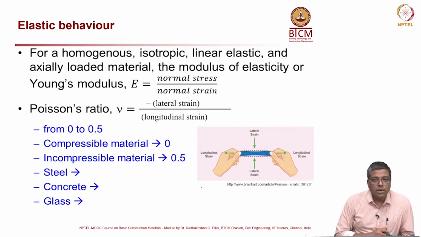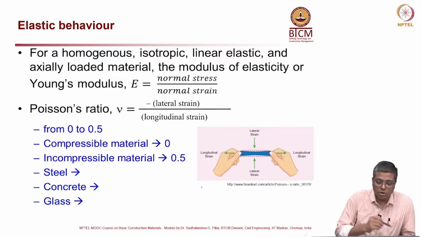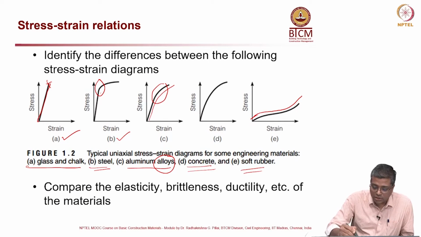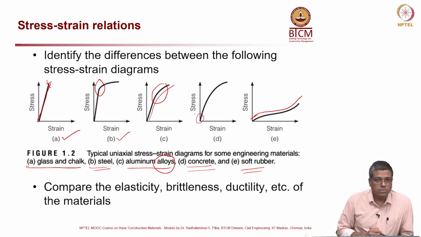Now, elastic behavior for a homogeneous, isotropic and linear elastic and axially loaded material, the modulus of elasticity can be defined. So, for a material it has to be very homogeneous. Otherwise, like I showed in the previous slide, if it is not, like concrete, there is no straight line available. So, in this case here, the straight line is only for this much, maybe for concrete.